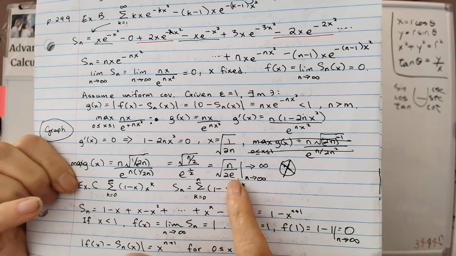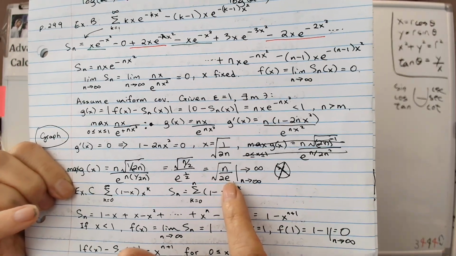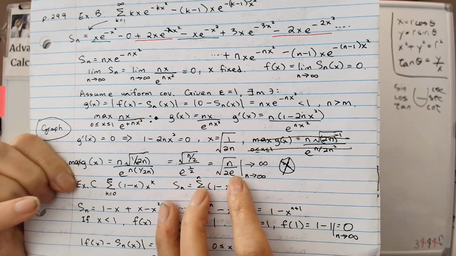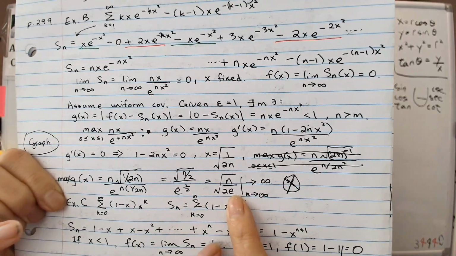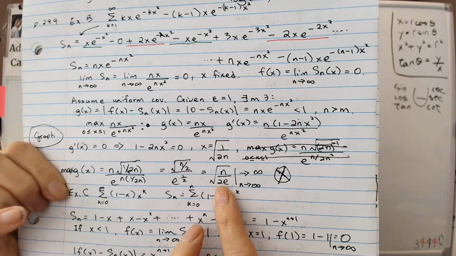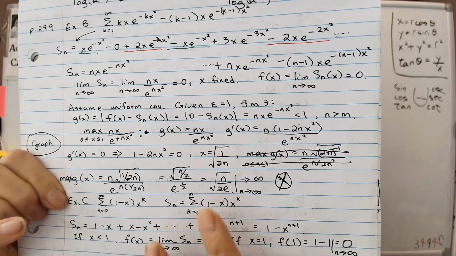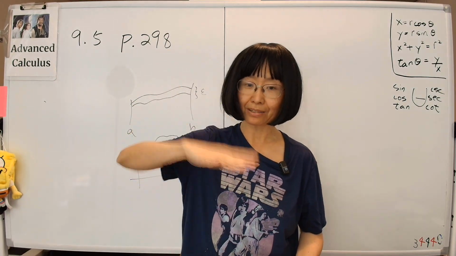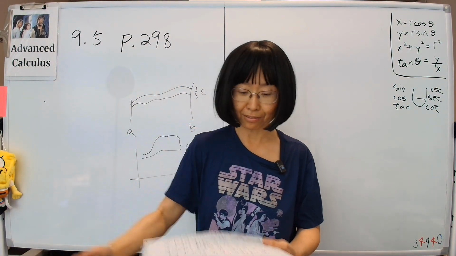So it does work out that the maximum of each partial sum, Sn, is going to be this value, and what matters about this is that it is going to infinity. So the function is converging to 0, and yet part of the sequence is going to infinity.